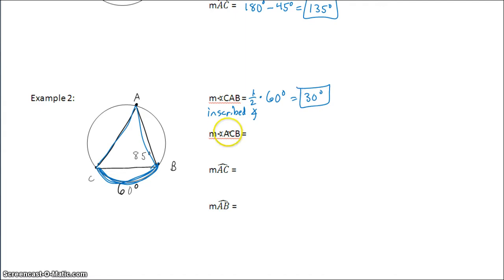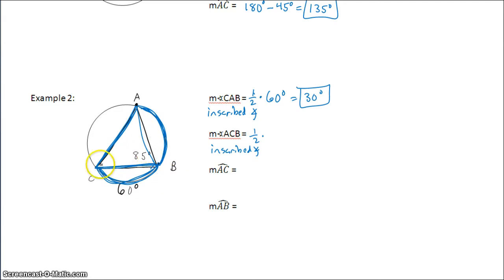If I look at angle ACB, A to C to B is also an inscribed angle. So my formula is going to be 1/2 times the measure of this intercepted arc, arc AB. But I don't know how big arc AB is. But I do know some things about this shape.